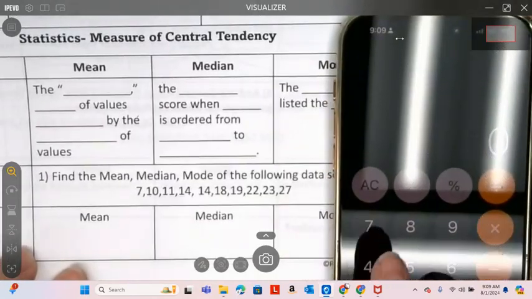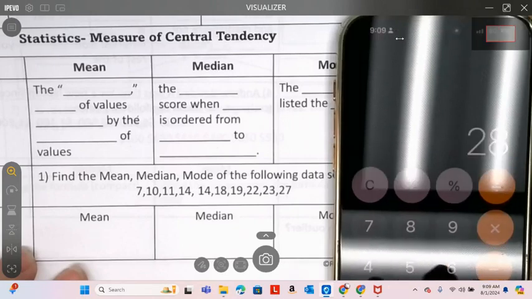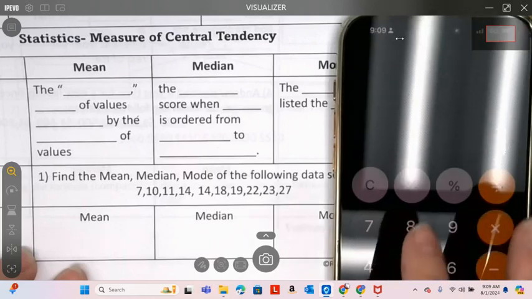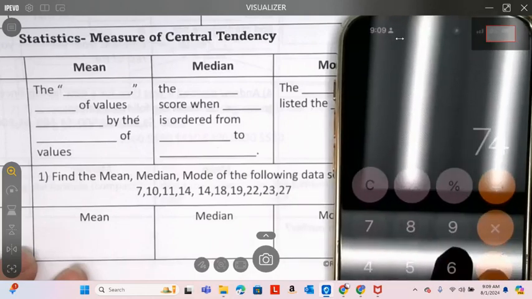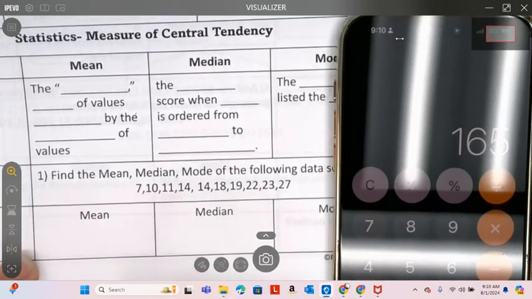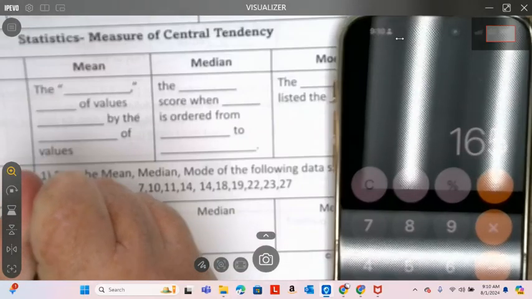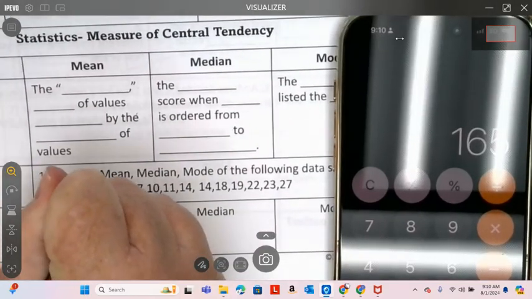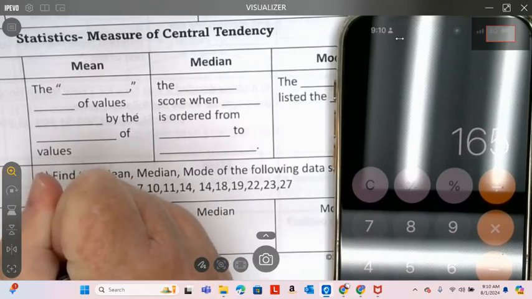So I'm going to say 7 plus 10 plus 11 plus 14 plus 14 plus 18 plus 19 plus 22 plus 23 plus 27 equals 165. So I'm going to put the sum of the numbers in my data set down as 165.